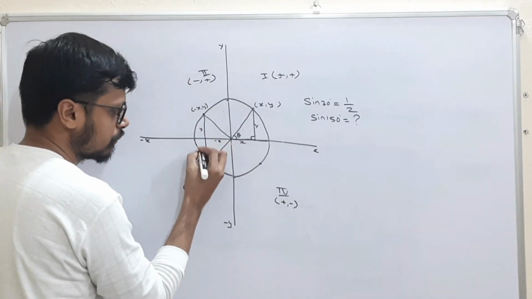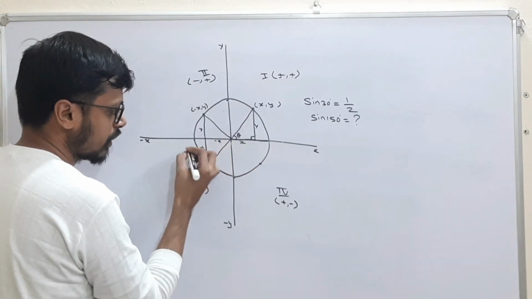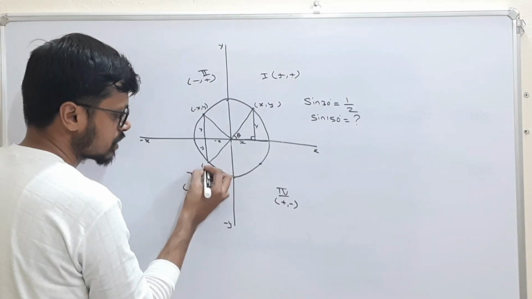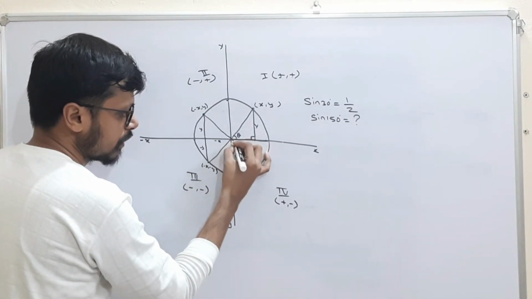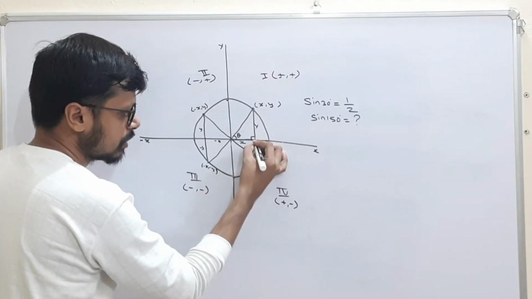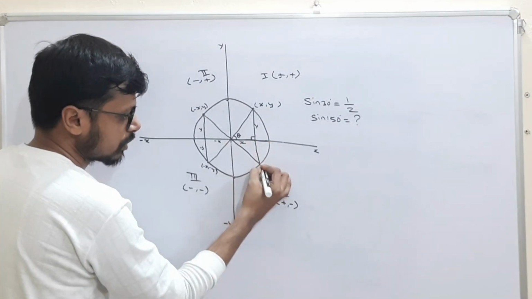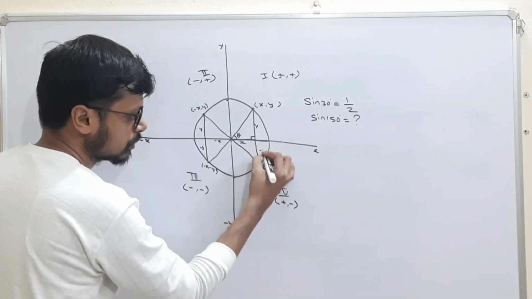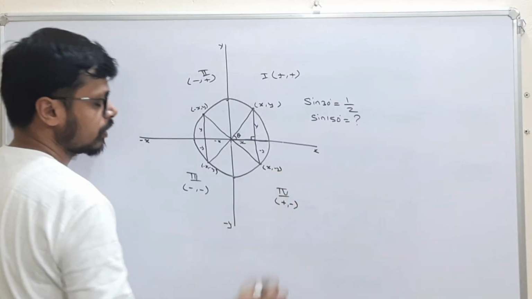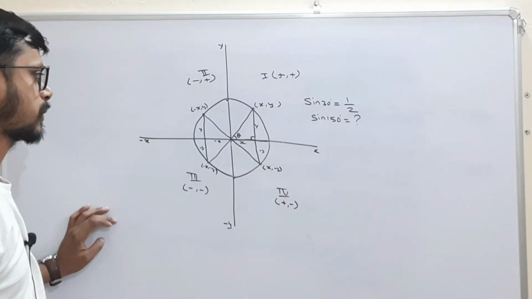This one is negative of y and here negative of x, so here we will get minus x, minus y. Now if I take the hypotenuse and then the perpendicular from here, what will I get? The x value is x and the y value will be minus y, correct?